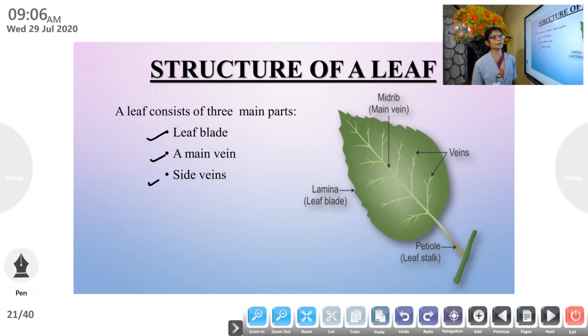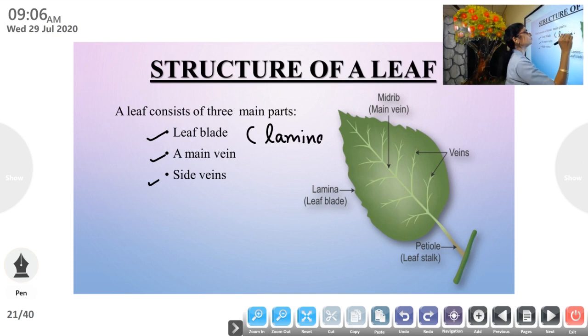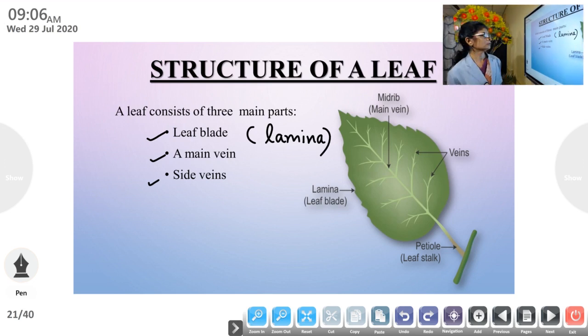Third one is side vein. Another name for leaf blade is lamina. Leaf blade or lamina.